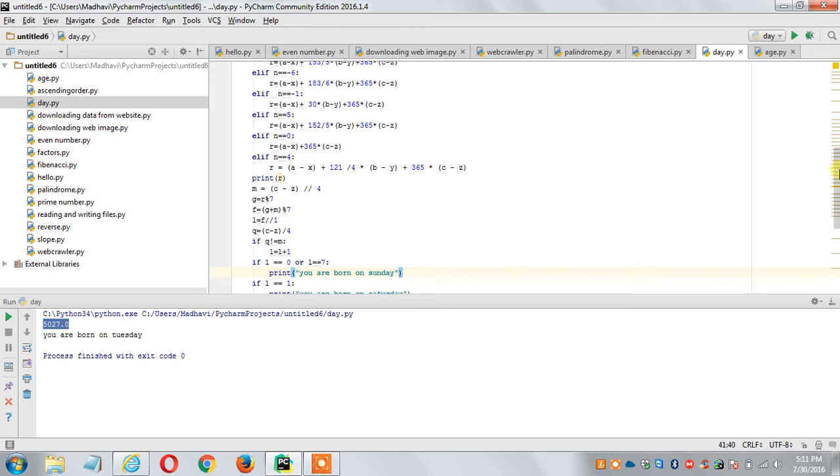Don't think I'm lying about something. So if it's not a leap year, what this code here means, if the year is not a leap year, that's it. If you want to remember it short. But if you want to go deeper, it means Q, which is with the decimal, is not equals to M, which is if you round it, then you got this.